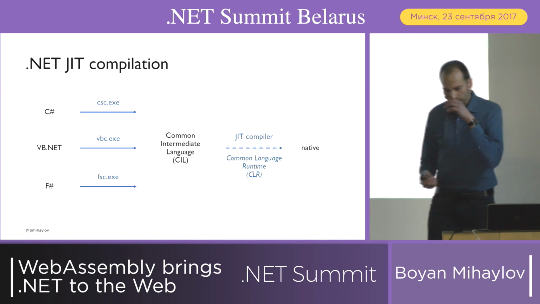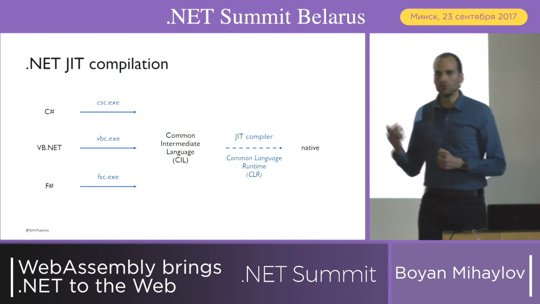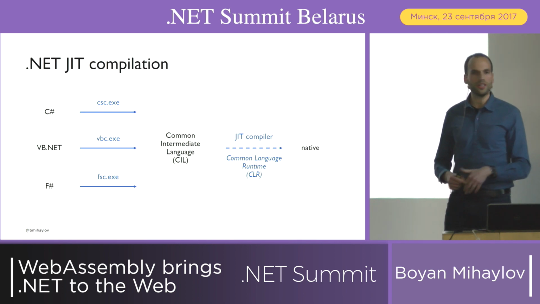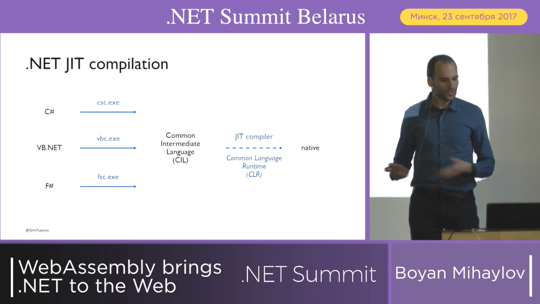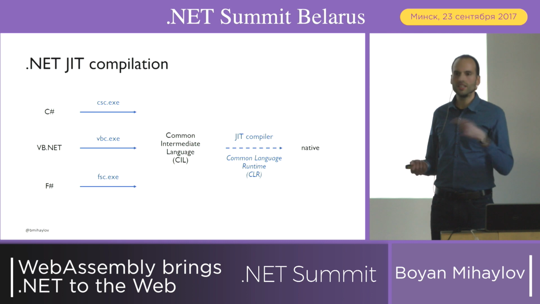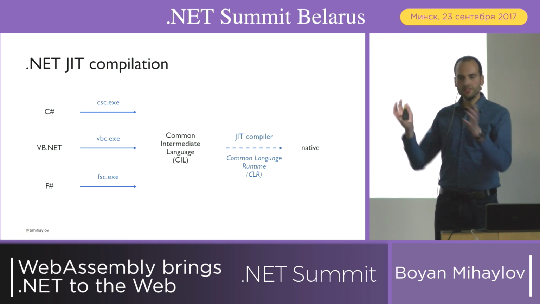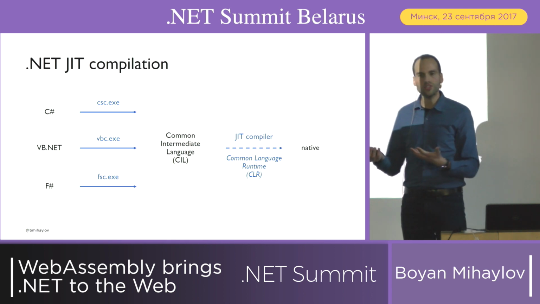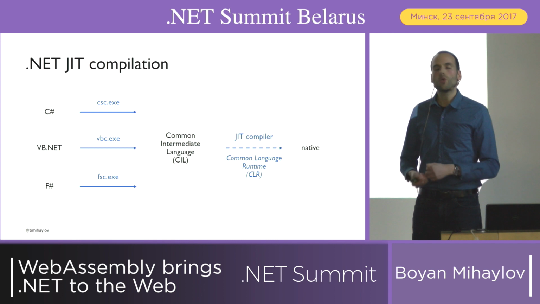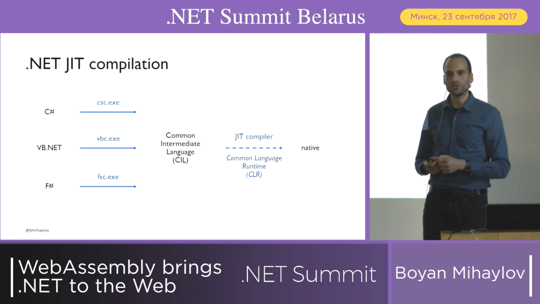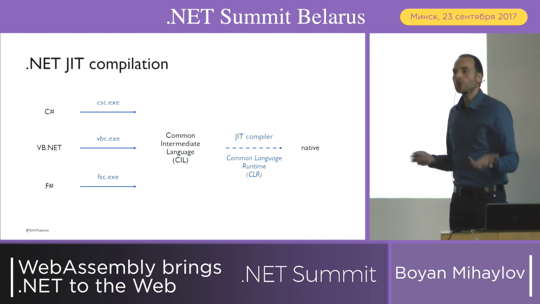Well, to remind us how .NET is built, we have all these possible languages that we could write in, and then we compile, and then we get something called common intermediate language, right? And this is interpreted on the fly by the just-in-time compiler. And this is part of the common language runtime. So in order to read and to execute .NET code, we need the common runtime to do this, right? So what can we do there?